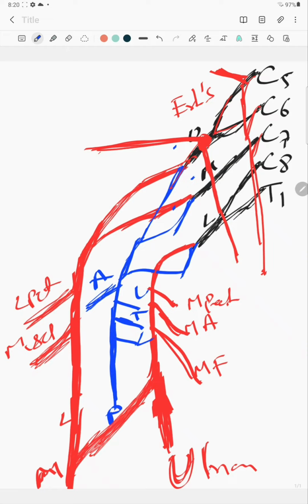Then it continues as the radial nerve. So the branches from the posterior cord include the axillary nerve, upper subscapular, thoracodorsal, lower subscapular nerve, and the continuation is the radial nerve. So this is how the important branches from the brachial plexus arise.